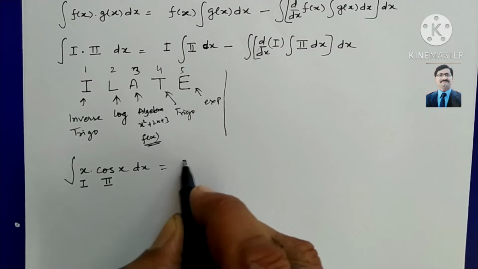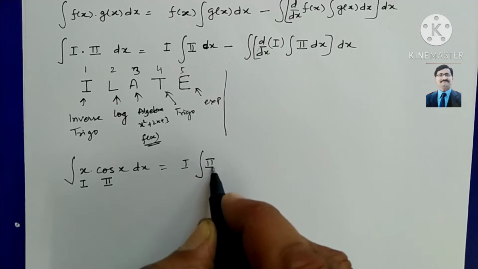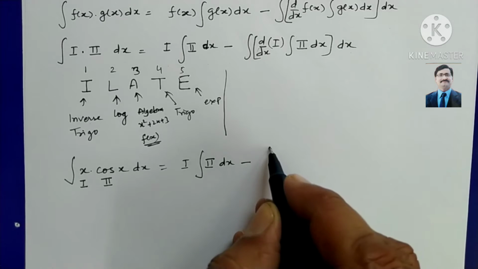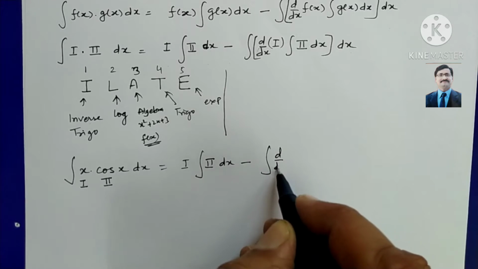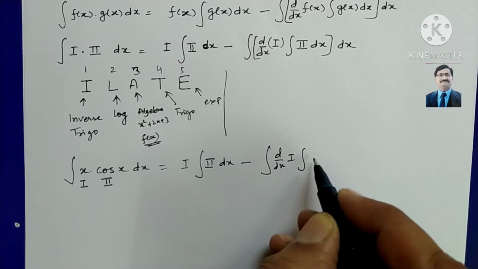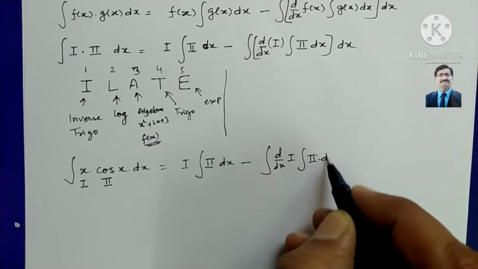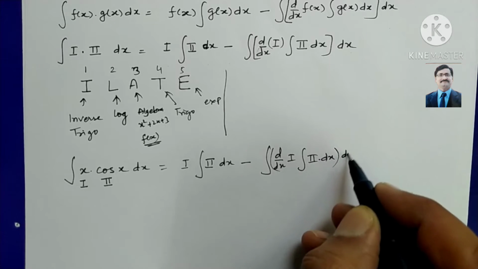Now we write the formula: first integral second dx minus integral of differential of first integral second dx and whole dx. Look here, this is the formula we write.